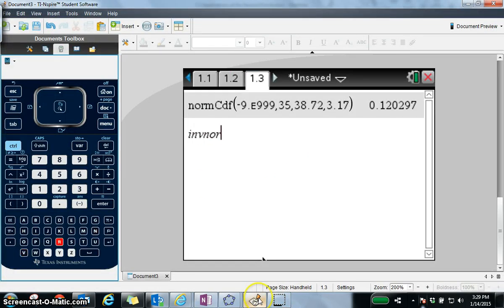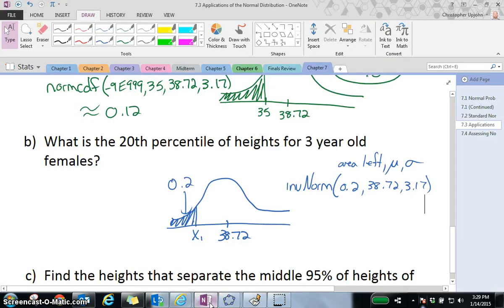So we have our X value, 36.05. So anybody who's 36.05 inches is in the 20th percentile for heights.